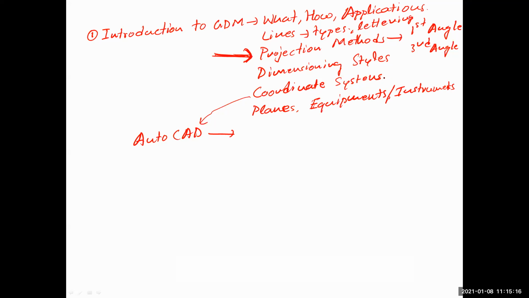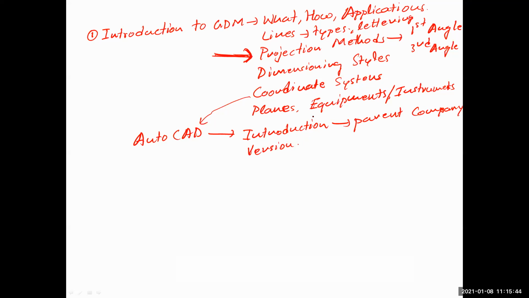Okay, then coming to AutoCAD, first we have seen introduction to AutoCAD. In introduction we have seen its parent company. Parent company is Autodesk. Then the version we are using, educational version.